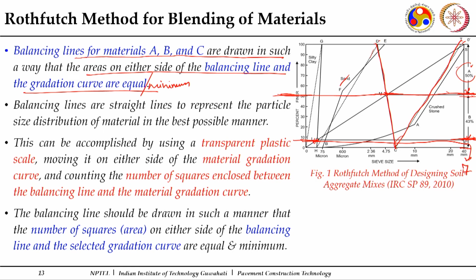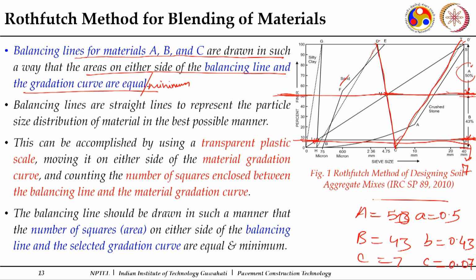It will be 7%. So, the combination I got is A 50% I have to use, B 43%, and C 7%. So, it will be A as 0.5, B as 0.43 and C as 0.07. This proportion we arrived at through this graphical method.